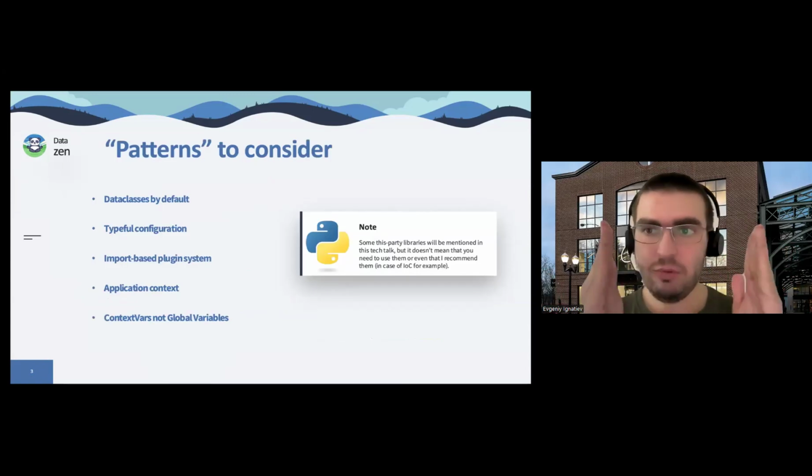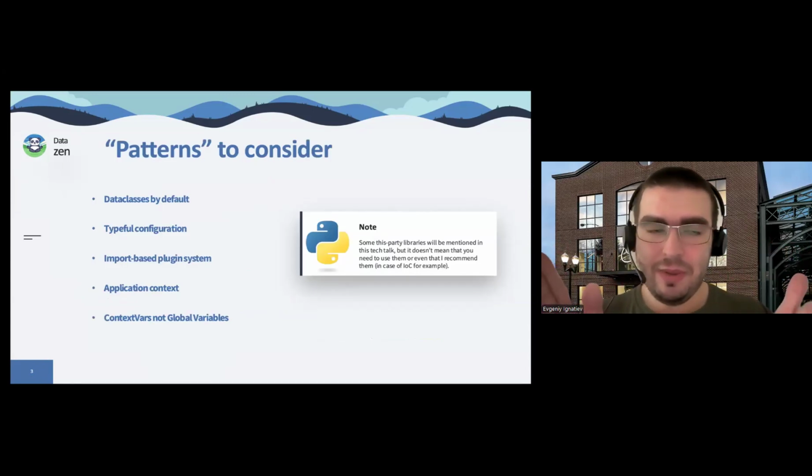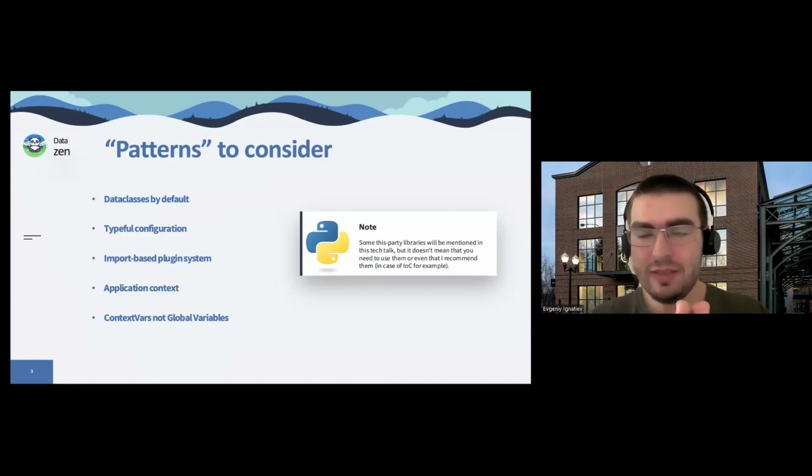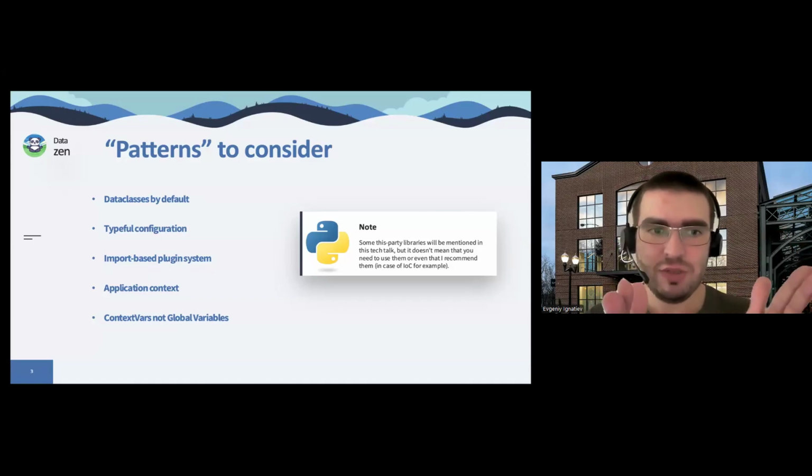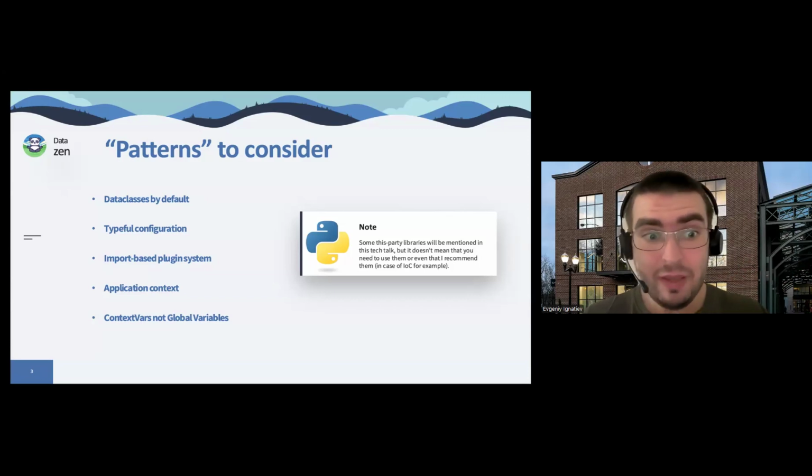What patterns would I like to consider here that I think are useful? Basically, this is quite a short list. First, something common across a lot of modern Python code bases: using data classes, and using data classes by default. Second, an extension of the previous pattern, typeful configuration. Next, the one that many people encounter when they start their Python journey and learn about something like metaclasses: the import-based plugin system.